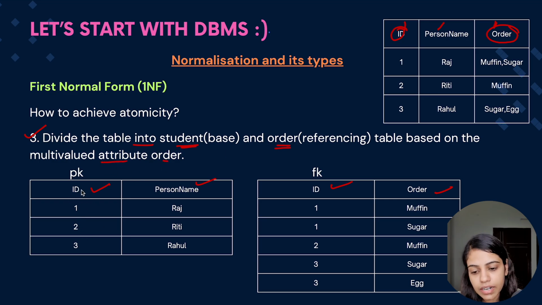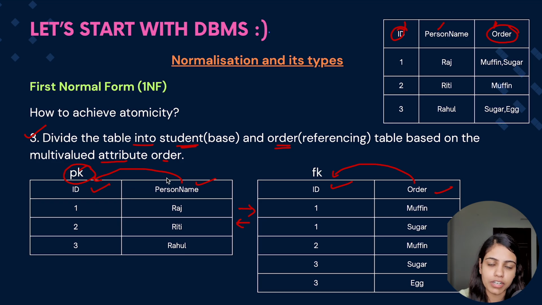Now here you can see that there is ID and person name, and ID is unique for each person and ID can uniquely identify each person. So we can say that ID is acting as a primary key here. And here you can see that there is a relationship established between the 2 tables, because this table tells me that a corresponding ID is having which order, and here it tells us what is the name of a person corresponding to their ID.